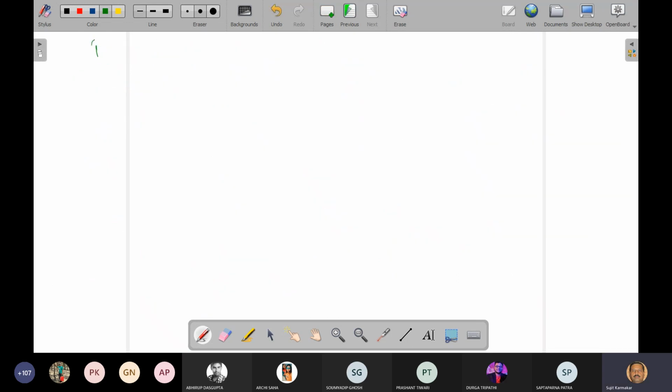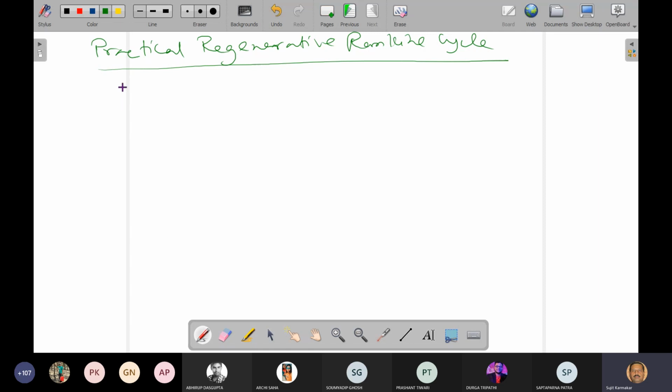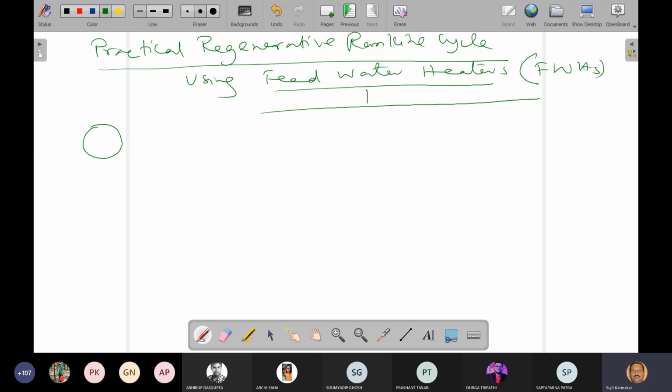So what is the practical regenerative Rankine cycle? We are using feed water heaters, FWHs. The feed water heater may be classified in two ways.